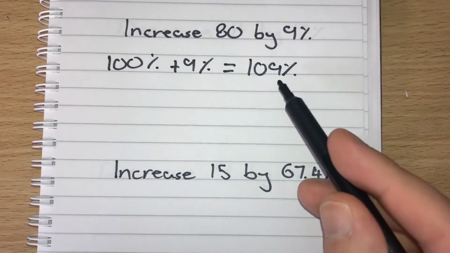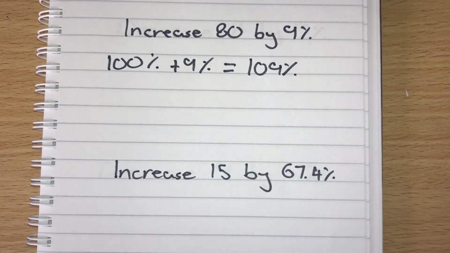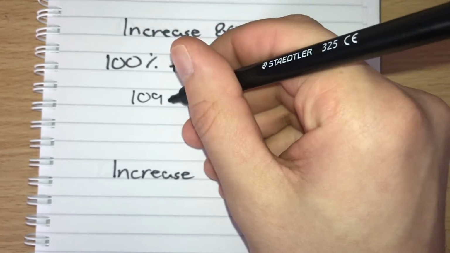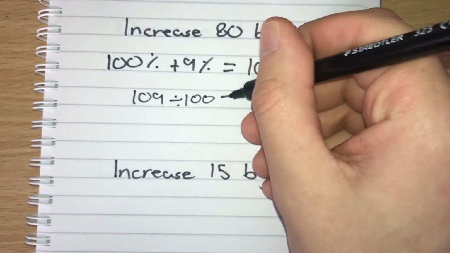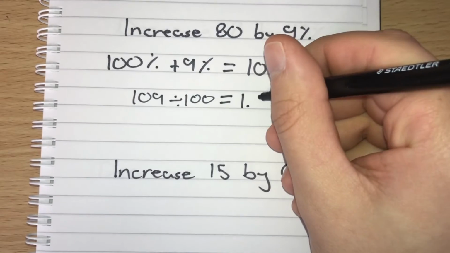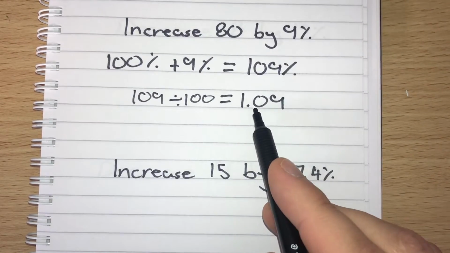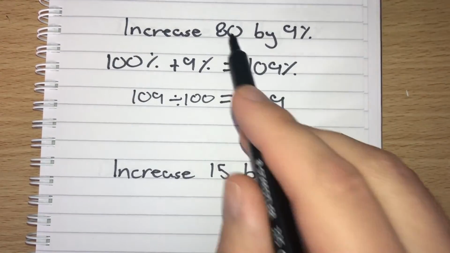Now we can find 109% of 80 using a multiplier. To find our multiplier, we need to divide this percentage by 100. So 109 divided by 100 gives us 1.09. So our multiplier is 1.09. We then need to multiply that multiplier by our original amount of 80.